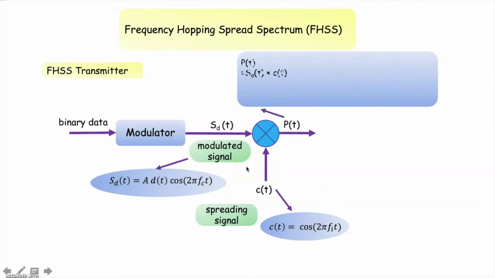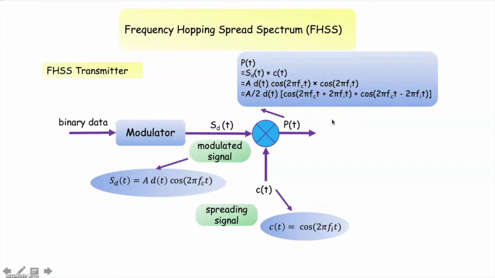Now, the product of these two signals is represented by a signal p(t), which is given as s(d,t) multiplied by c(t). Now, this can be represented as A d(t) cos 2 pi Fc t multiplied by cos 2 pi Fi t, which can be further represented by this expression.